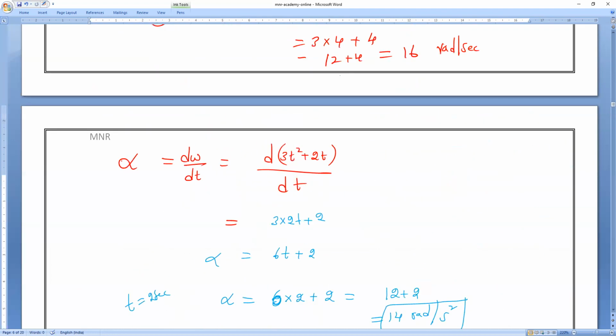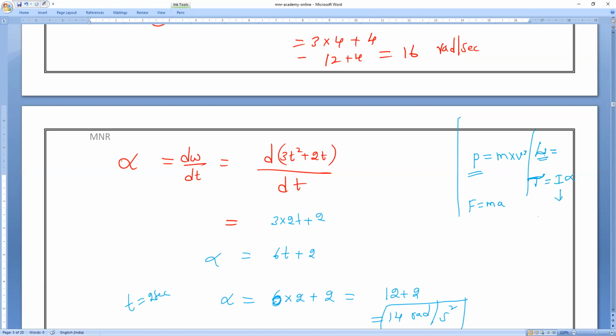Yesterday we studied that normally in linear motion we study mass and momentum, and in angular motion we study angular momentum, which we write with L. Here P is mass into velocity, there angular momentum L. Here force F is equals to mass into acceleration; here torque is equals to I into alpha.